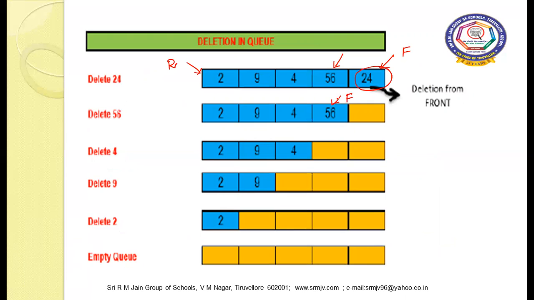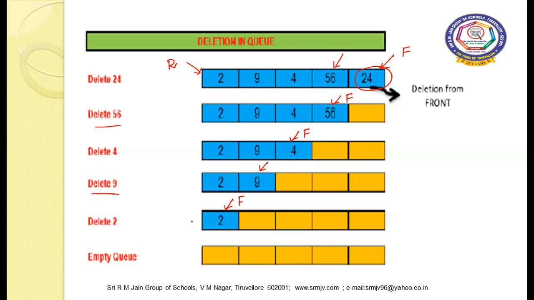If you delete 56, front will point to 4. Again, if you delete 4, it points to 9. If you delete 9, it points to 2.